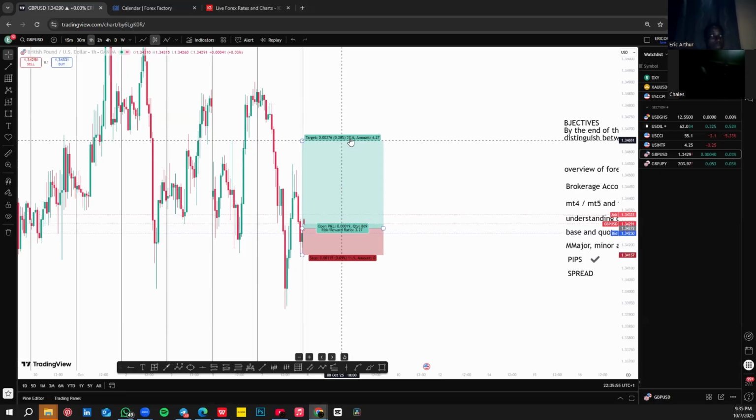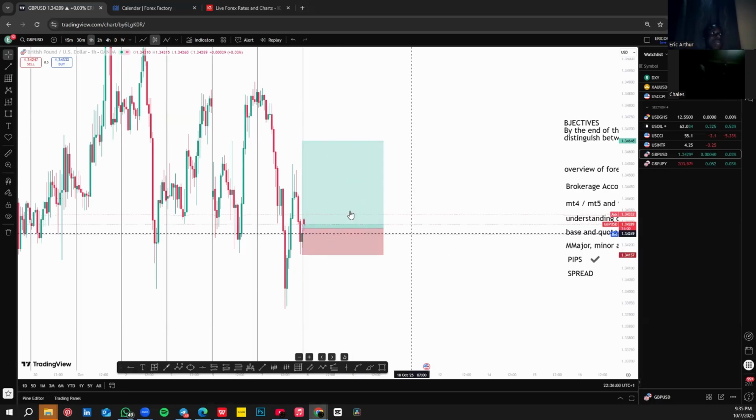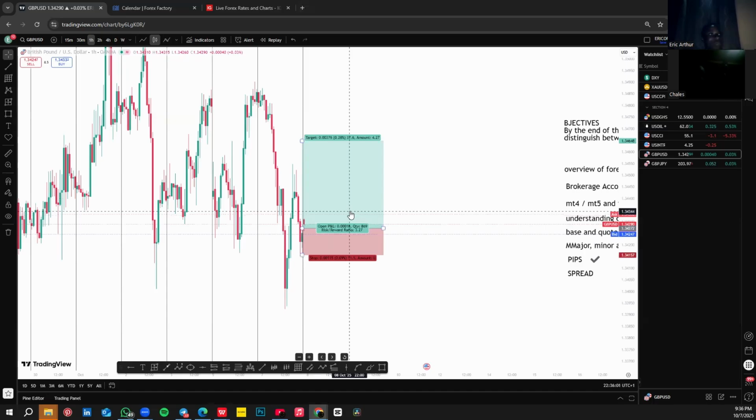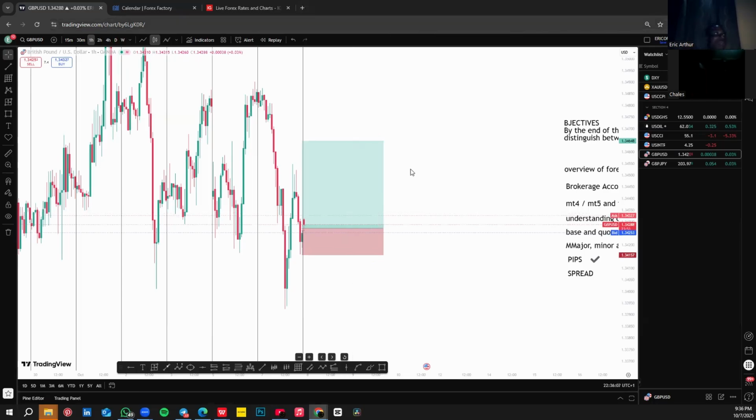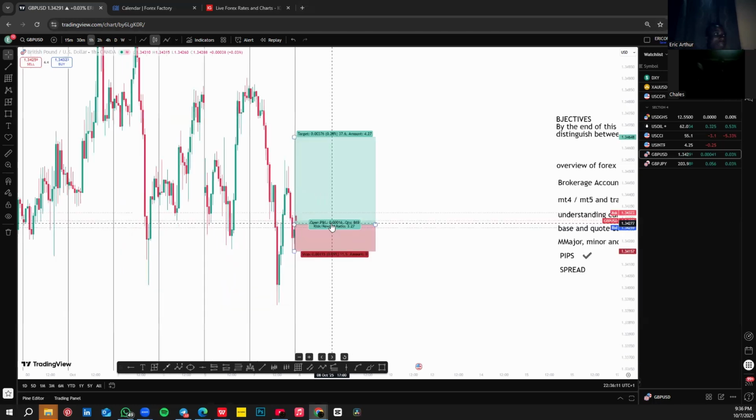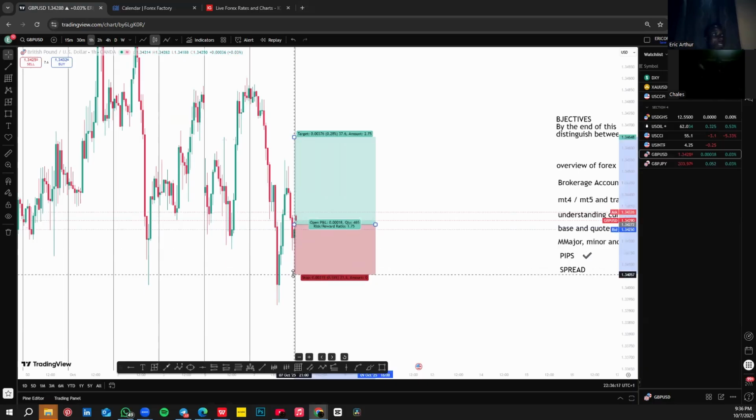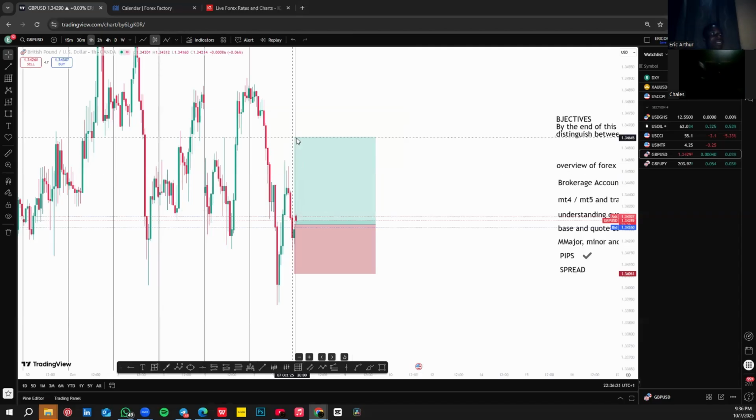So if I'm calculating in terms of lot size, I want to know the lot size. Now I know my stop loss in pips, that it's 11 pips. It can also be maybe 20 pips or something, based on your strategy or how you use it.